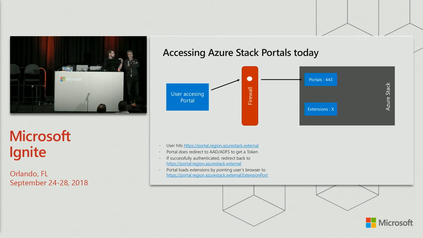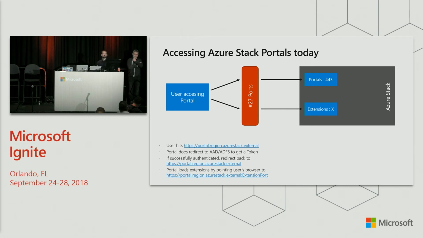And each extension has its own TCP/IP port that it listens on. Now, once you select the service in the portal, in the backend, you get redirected to call the extension, which means for our firewall, the more extensions are installed, the more resource providers we onboard into Azure Stack, the more ports we will need to open up on your firewall.